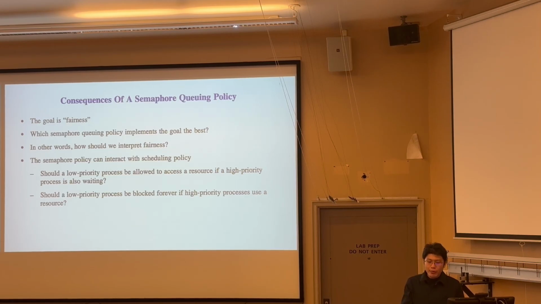Which semaphore queuing policy implements the goal the best? You can do random. Complete random, that's fair. First in, first out is slightly worse, but still good. It essentially means that if someone uses the semaphore very frequently, they might be able to get ahead of the queue very quickly.